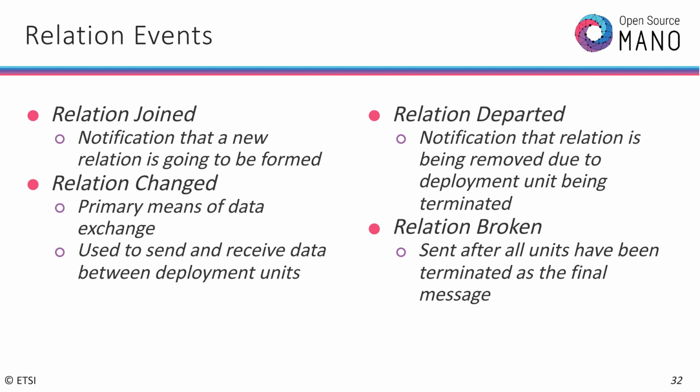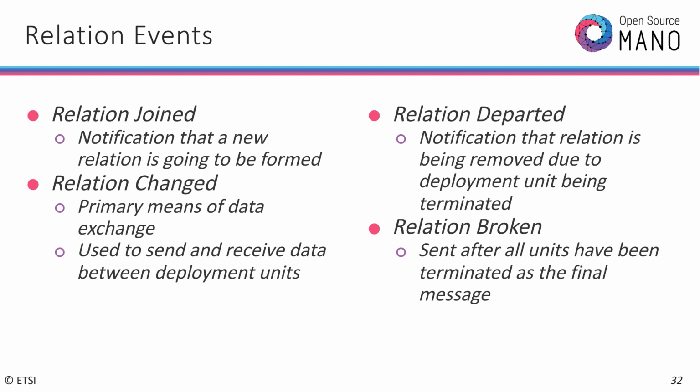Relation events that can be fired. OSM leverages Juju as a technology for day 1 and day 2 operations. And these are relations that can happen, events that can happen in a relationship. The first one is relation joined, and that's simply a notification that a new relation will be formed.